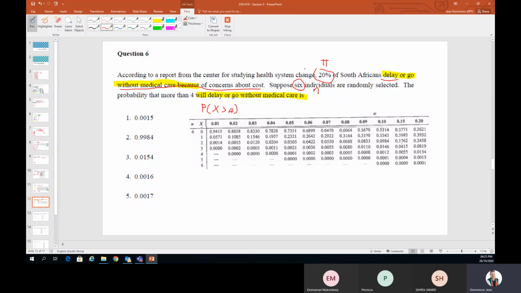So pi, we've got there 0.2, n is 6, and I just want to read it again. The probability that more than 4. Okay, more than 4 again is telling us it's 5 or 6.